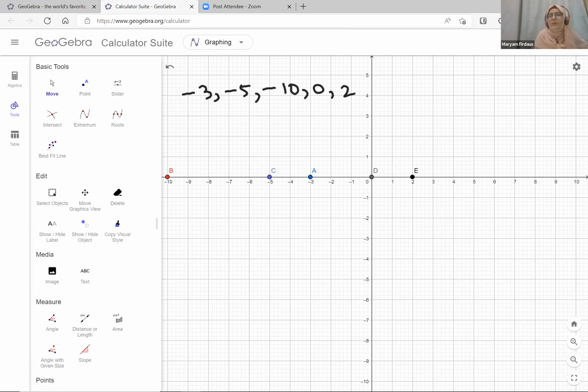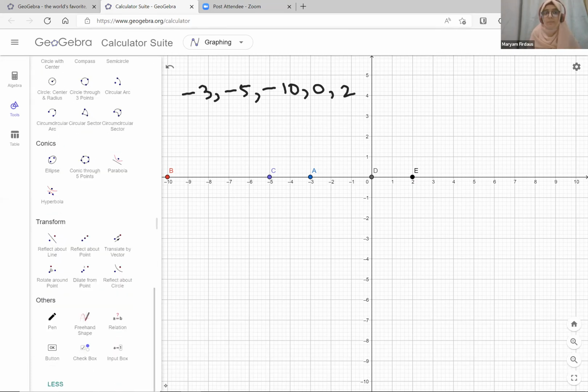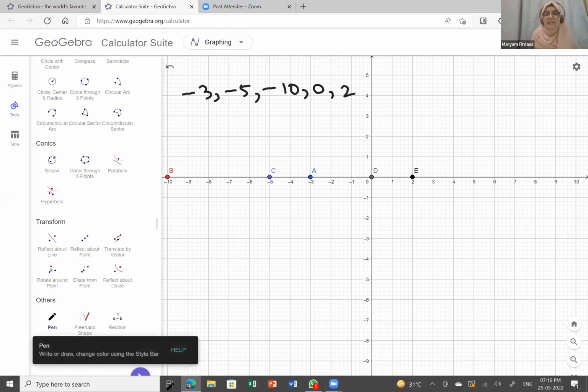Now tell me, when we move to the left of the number line, numbers become more what? Negative. Yes, numbers become more negative. And when we move to the right, they become more positive. Exactly.